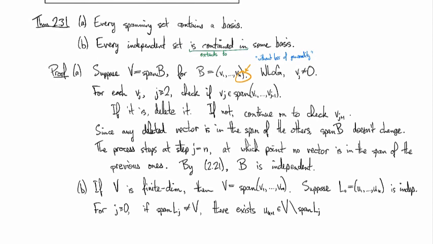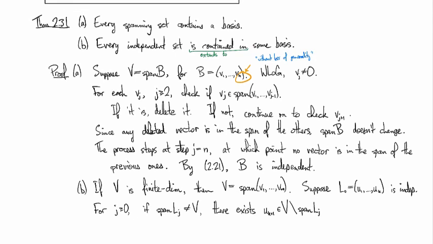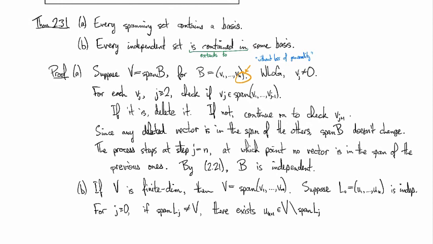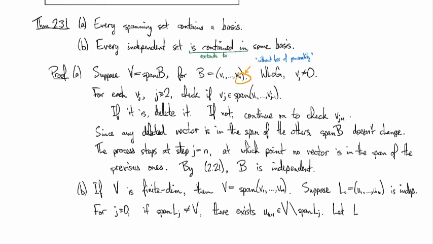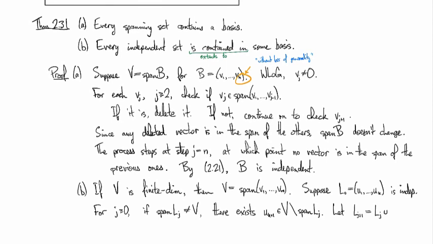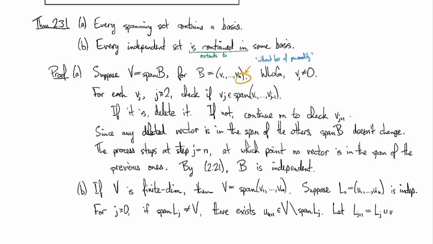Okay, right, so if the span of Lj is not the whole space, then pick something that's not in the span of Lj. Call it U sub k plus 1. Okay. And then we define our new list to be the previous list, and then we tack on this new element on the end.